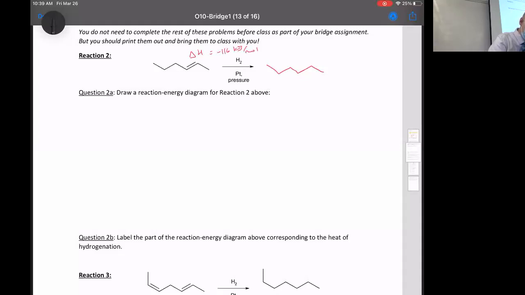All right, so again, the really important thing is that this is negative. So yes, Angel, it would look like this. It would go down in energy. You would start at an alkene, which is relatively higher energy, and go down to an alkane, which is relatively lower. Everybody good with that? Which part of this reaction energy diagram corresponds to the heat of hydrogenation? Avery.